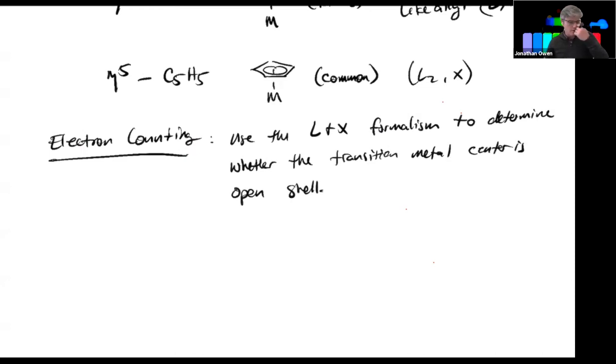In particular, we want to know if the transition metal center is open shell or not. What does that mean? Open shell means does not have 18 electrons. 18 electrons is considered a closed shell compound. You can't add any more electrons to the valence shell of a metal center with 18.